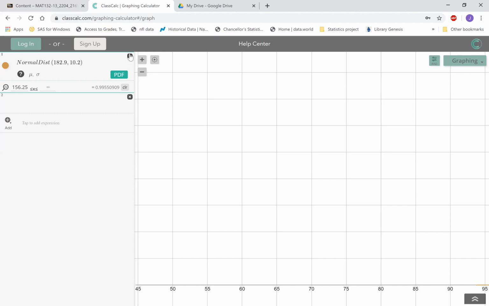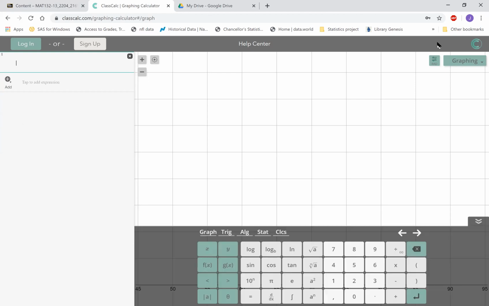Everybody right now can see class calc? Yes. All right. So for class calc, first make sure it's in graphy mode. If it's not in graphy mode, you're not gonna be able to do any of this. So once it's in graphy mode, make sure you have the keyboard up and going.